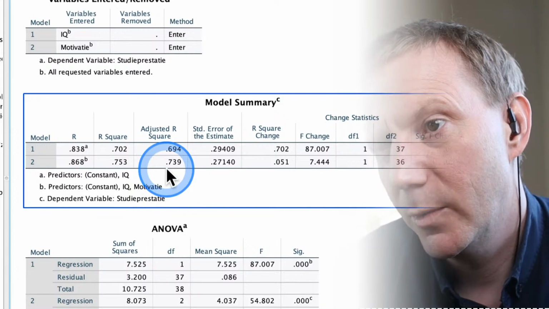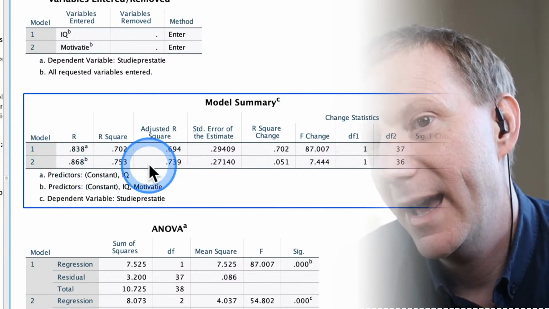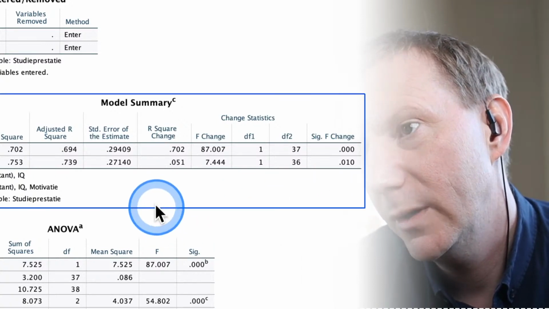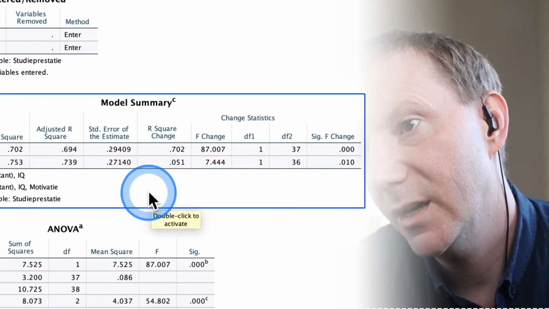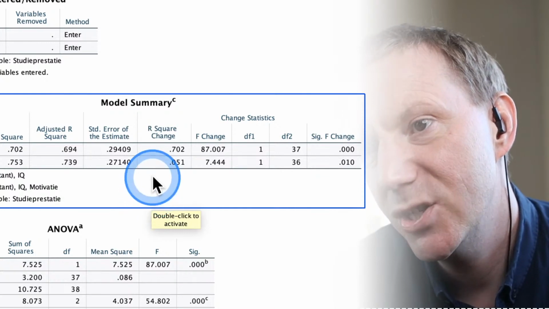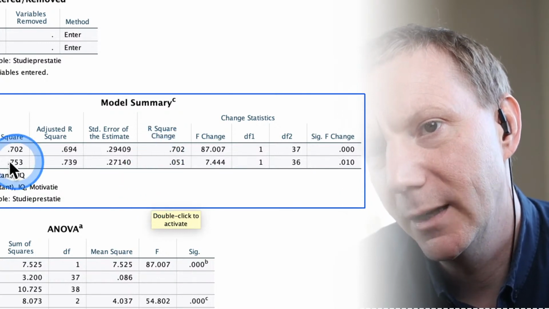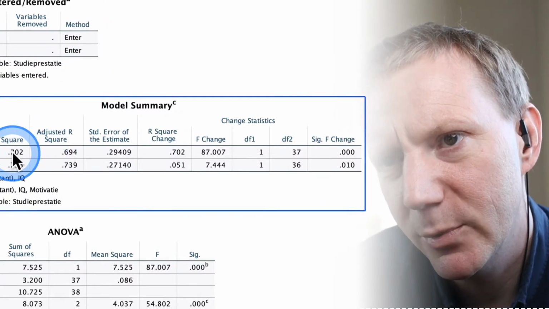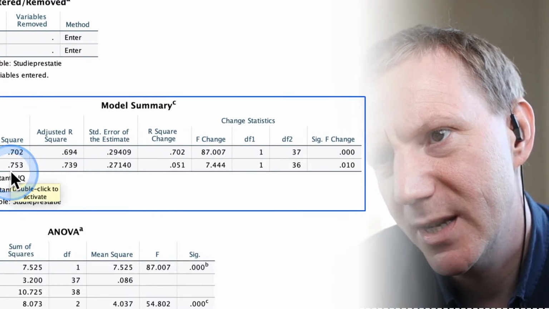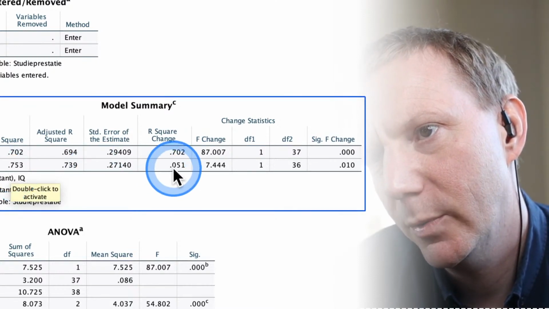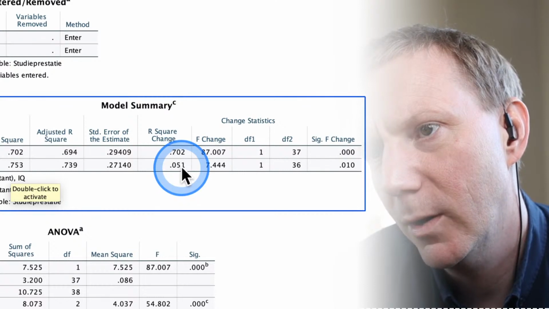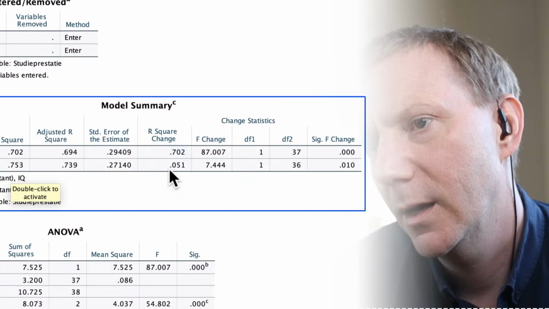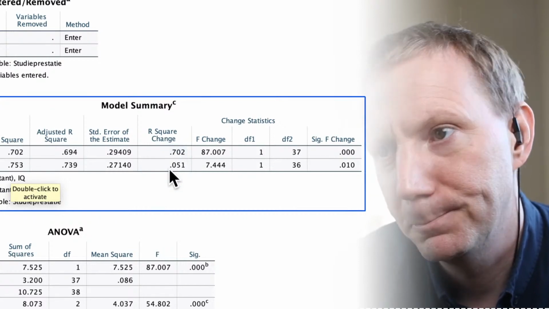I see that there's more variance explained by the model where I have both in there. If I want to know if that is a significant change, I can look at the difference between the 70% here and the 75% here, and that is 0.051 in explained variance, so about 5%.